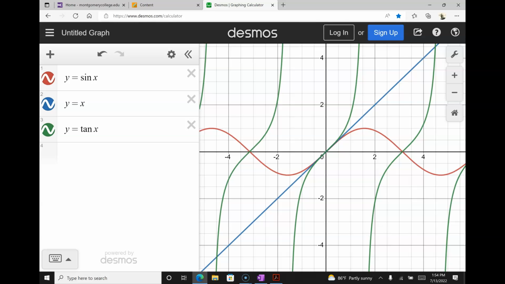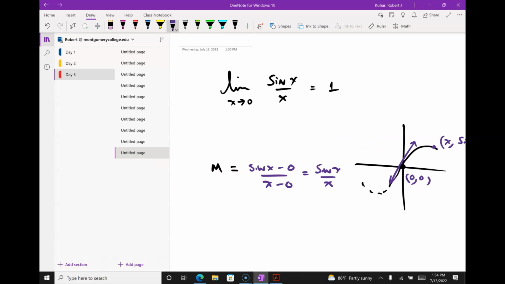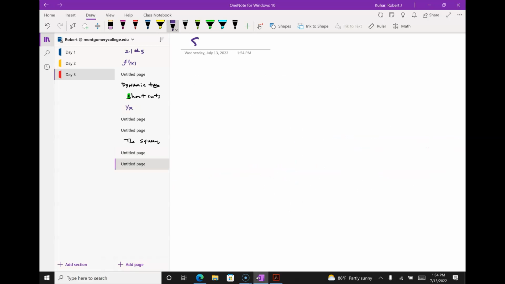On the other side, they're switched, but no big deal, because when I'm dealing with negatives, the signs of my inequalities switch. So I can talk about this squeeze: the tangent of x is greater than or equal to x, which is greater than or equal to sine of x.